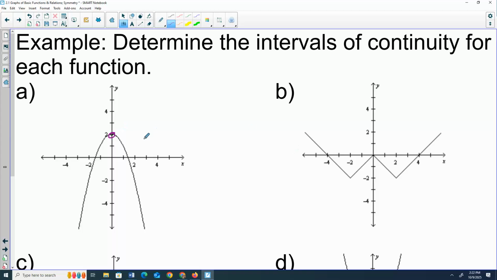But it's continuous everywhere else. So if I want to describe where it's continuous, I'm giving my x, it's coming from negative infinity, it stops right here. What's the x value right here? 0. It's not continuous there, so that gets a parenthesis, union, parenthesis, everywhere after 0, 0 to infinity. So this graph is continuous everywhere except 0 itself.